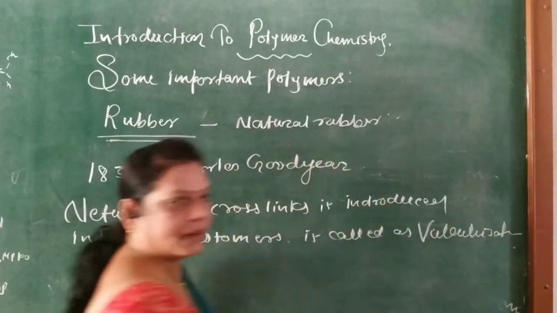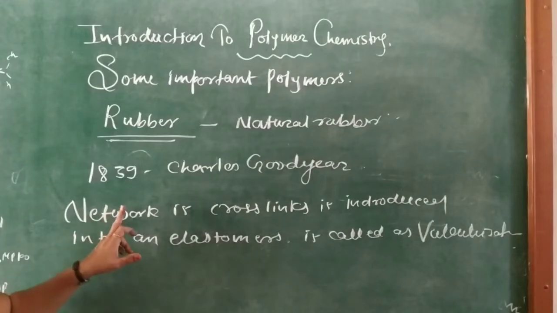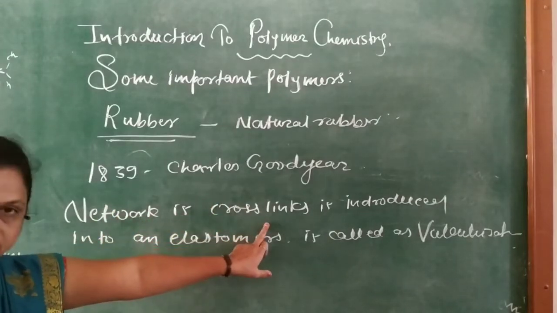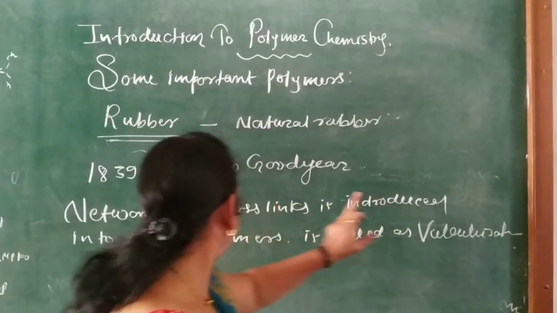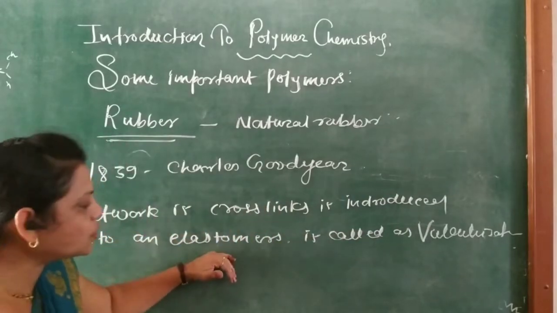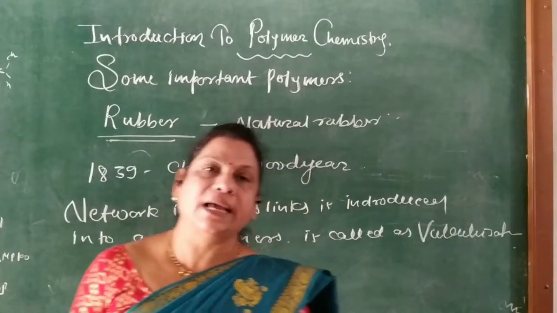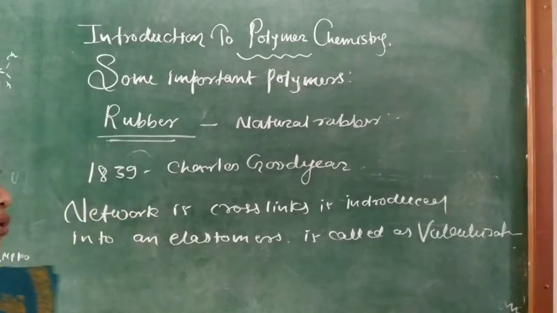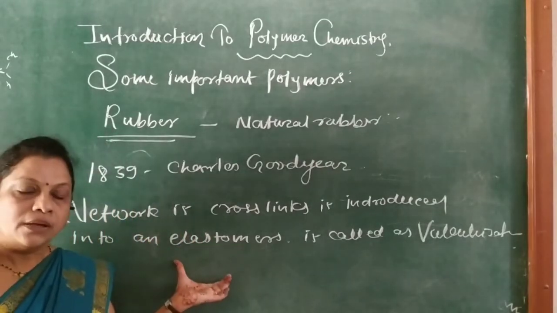Vulcanization of rubber. Again I repeat, the process in which network crosslinks are introduced into an elastomer is called vulcanization of rubber. So the definition is important.